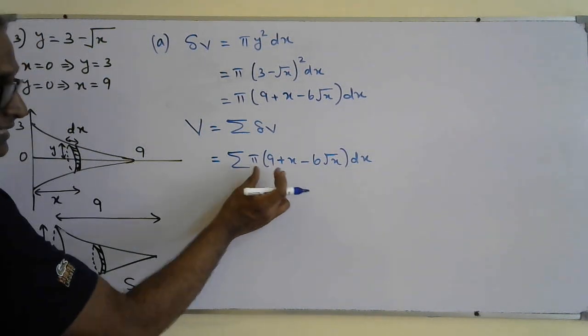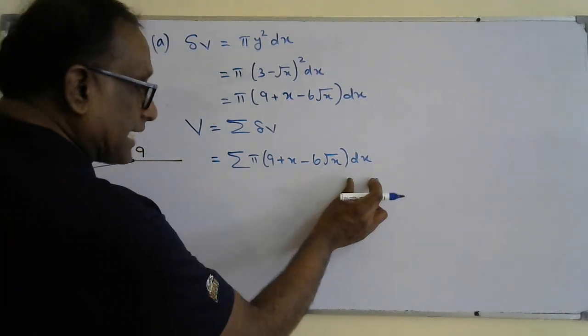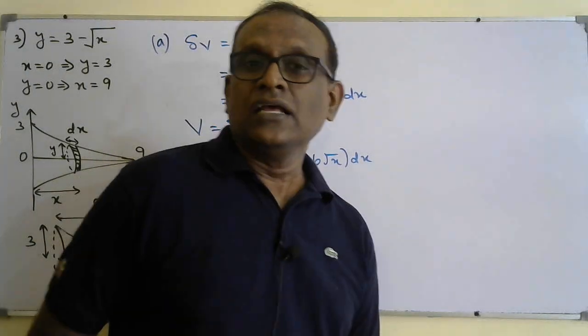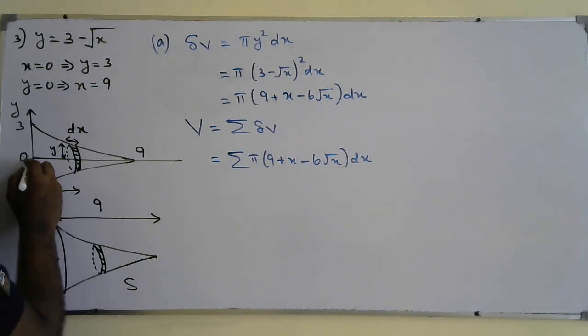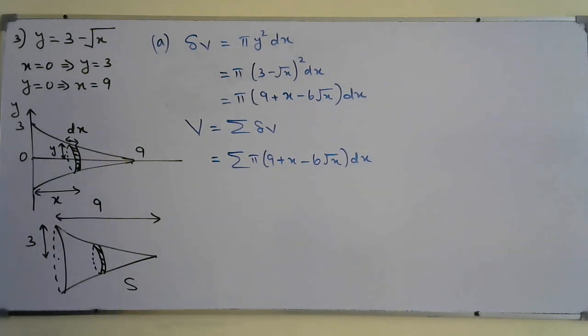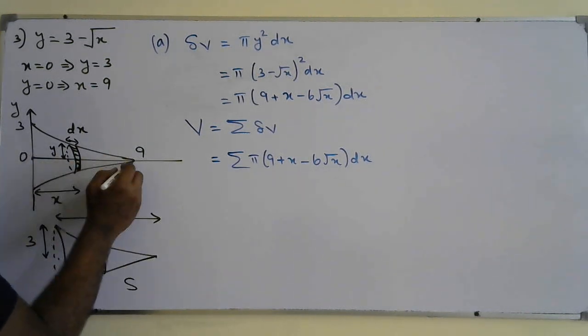Now a summation with a variable x means that is integration. From where to where should I imagine the discs? From x equals 0, that's the left edge, to x equals 9.